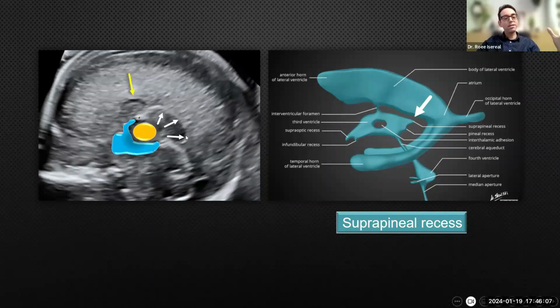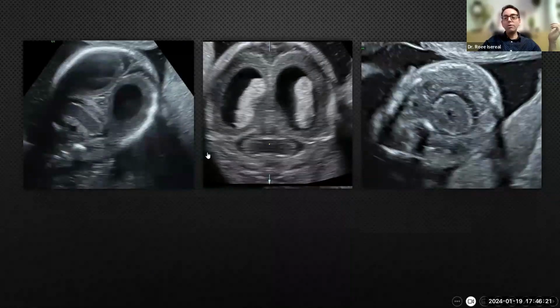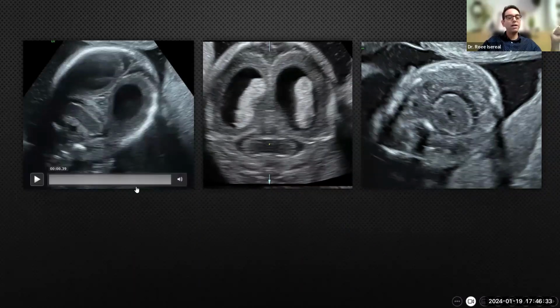Now, the question is, what is the problem? Because the supratentorial anatomy is completely normal, except for the ventriculomegaly. So now we need to study the midbrain, hindbrain to look for the reason for the aqueductal stenosis. When we investigate what I showed you on the coronal images, we fail to visualize the early Vermian fissure. And this is 15 or 16 weeks, so you must visualize the early Vermian fissures. Let me run you the clip.